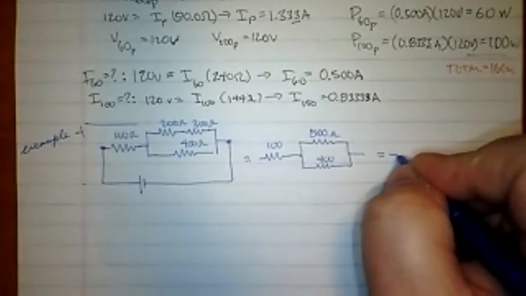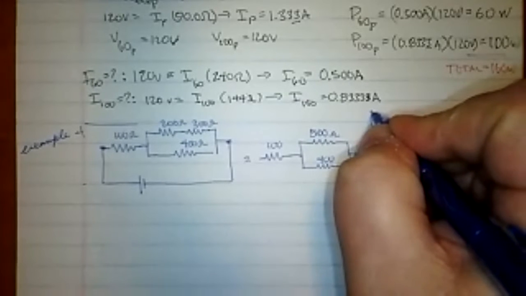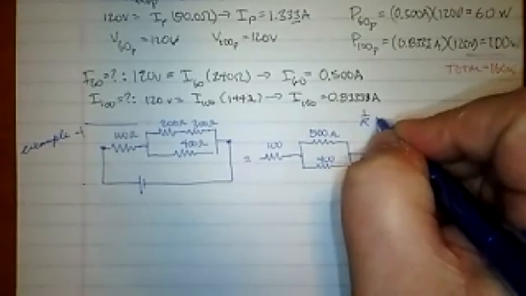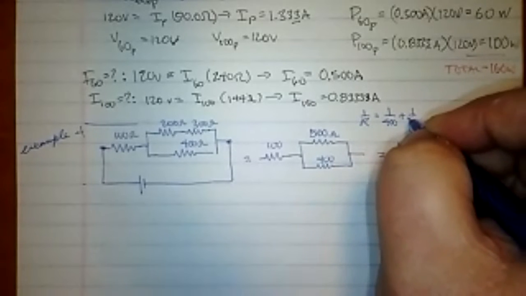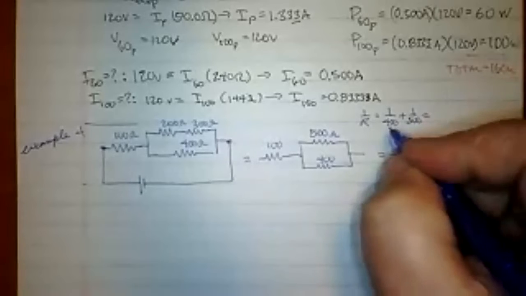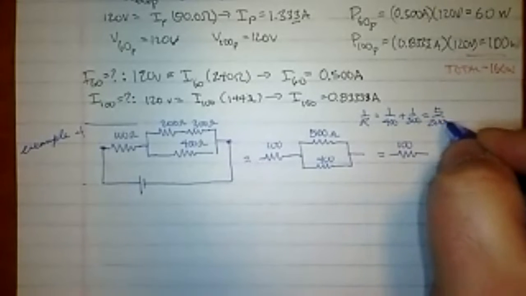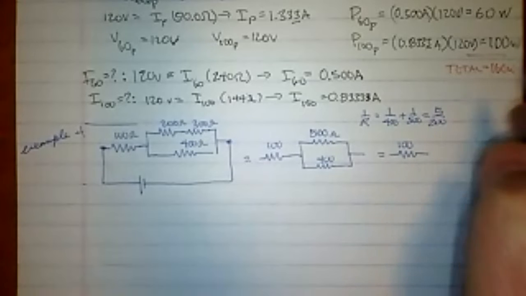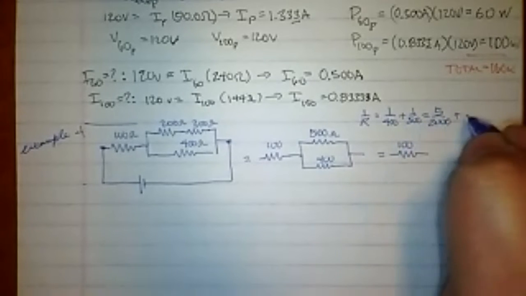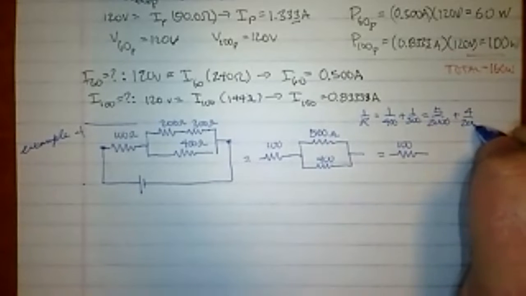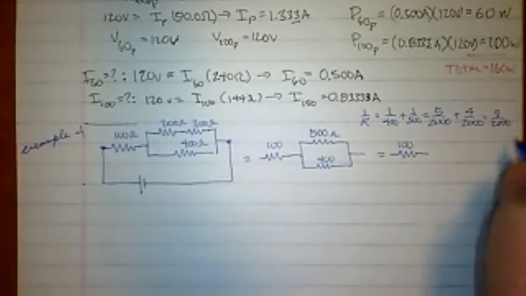So now I can take this and say I've got a 100 ohm resistor, and what I just did there was 1 over R is equal to 1 over 400 plus 1 over 500, which is equal to, I'm going to multiply this one by 5. That's 5 over 2000. And then I'm going to multiply this one by 4. 4 times 5 is 20, so that's going to make this 4 over 2000. So I get 9 over 2000.